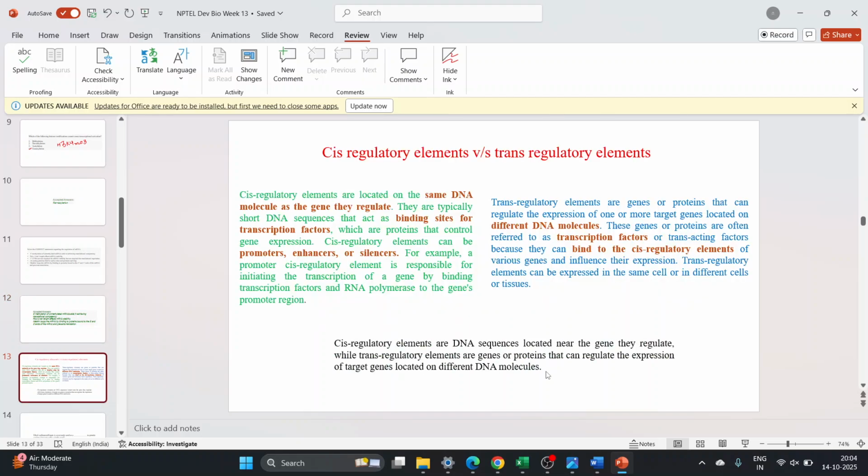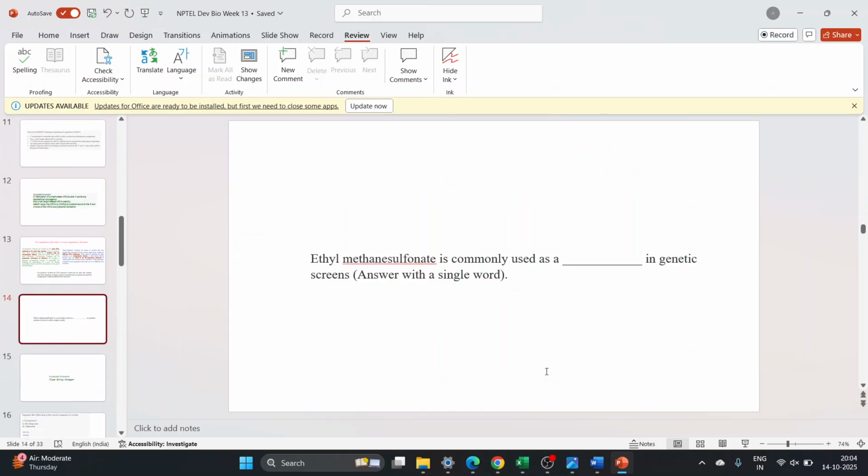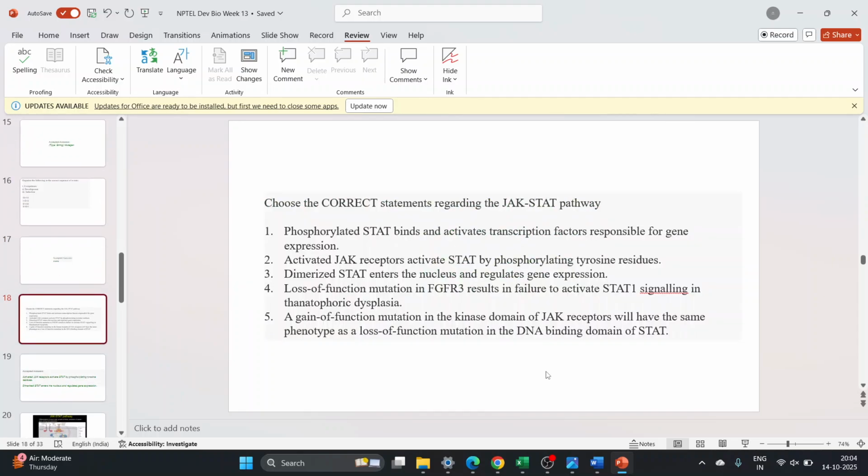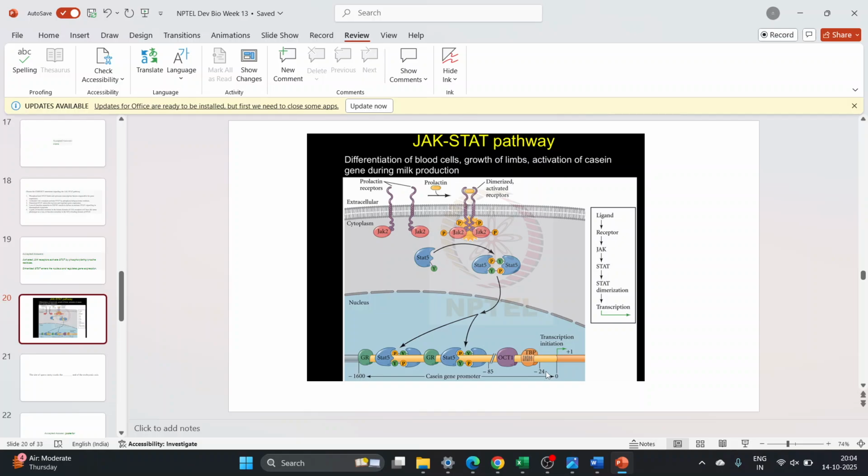Then we discussed in brief what cis and trans regulatory elements are. Then the mutations and mutagens. Then competence development induction. Then we studied the JAK-STAT pathway, how it works, what the ligand is, and how JAK first gets phosphorylated and activated, which ultimately activates the STAT protein, and STAT then gets inside the nucleus as a dimer.